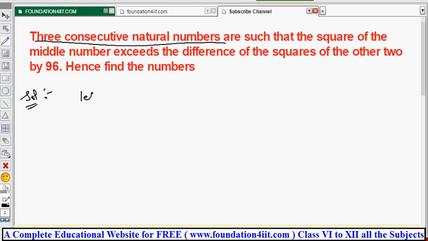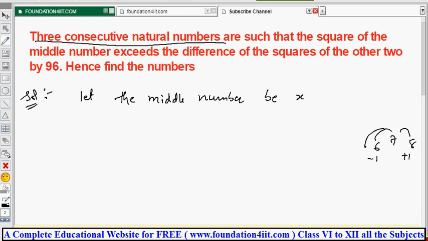For example, if you take the middle number as 7, the next number is 8 and the previous number is 6. So for 7, if you add 1 you get this, and minus 1 you get this. Similarly, 6, 7, 8 are three consecutive natural numbers, just for example.